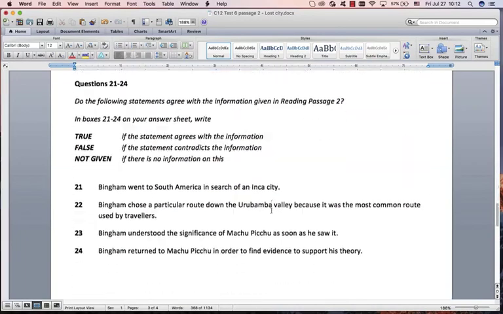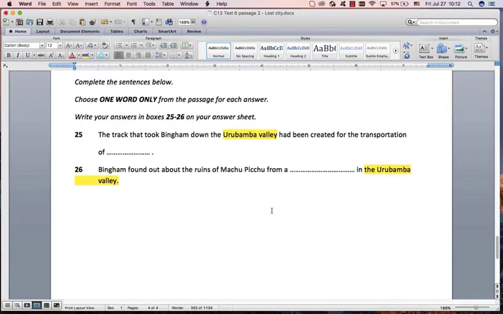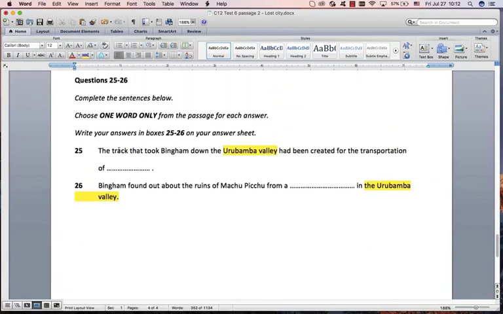Right, now what else will we scan for? We know more or less where it's from. What else will we scan for? Definitely that. We won't scan for his name because it will be everywhere. The track for transportation, and then also ruins. There's not much in this question, so you might want to look a little bit more, maybe look at the verb.